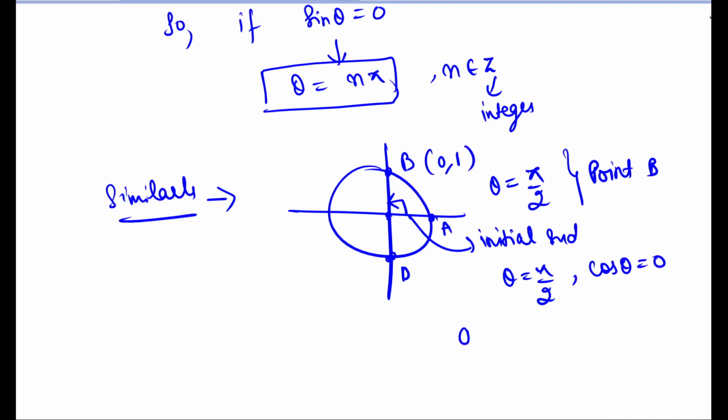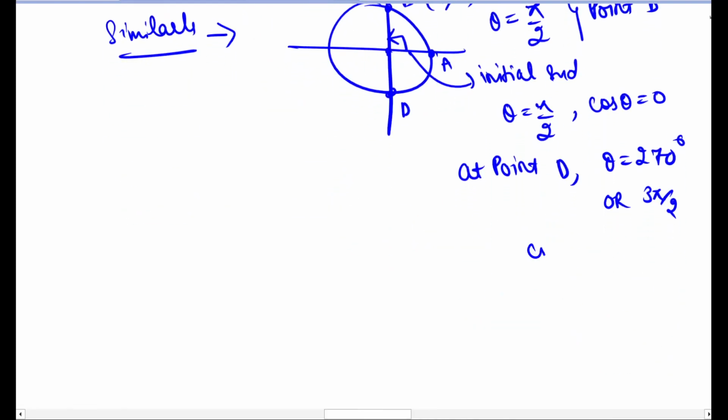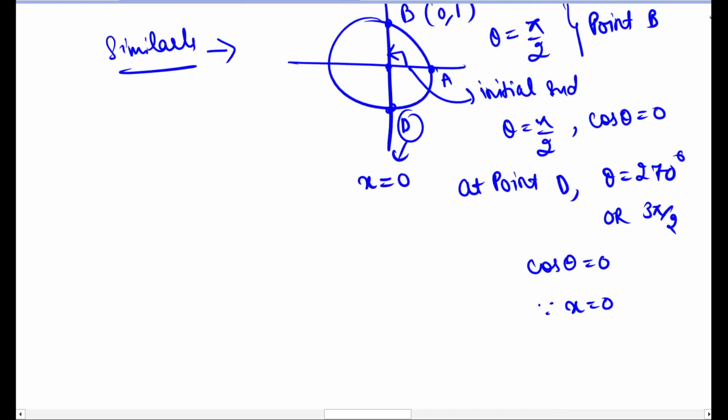Similarly, at point D, theta is 270 degrees or 3 pi by 2, and we get cos theta is 0 because x is 0. Point D has x coordinate equal to 0, where x is cos theta.